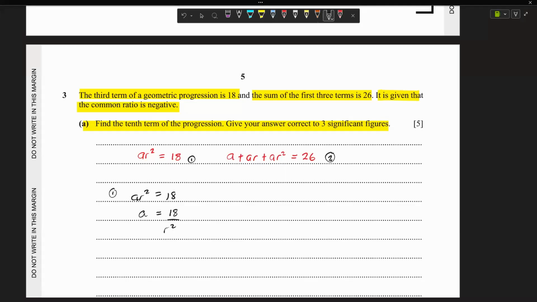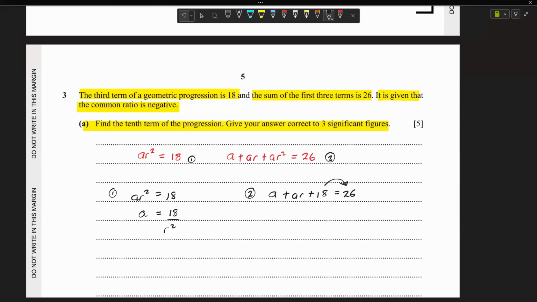Now let's look at equation 2. Since we have AR squared and AR squared here is 18, equation 2 can be written as A plus AR plus 18 is equal to 26. So I think this is a much better way to look at it.